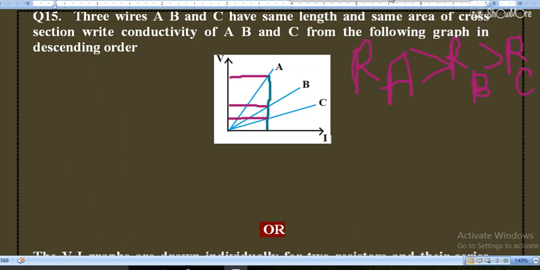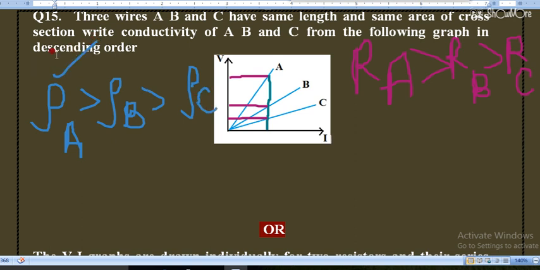If resistance of wire A is more, then obviously, because they have same length and same area of cross section, resistivity of wire A is greater than resistivity of wire B, and it is greater than resistivity of wire C. Now you can see which wire has maximum resistivity. Maximum resistivity belongs to A, so its conductivity will be minimum.